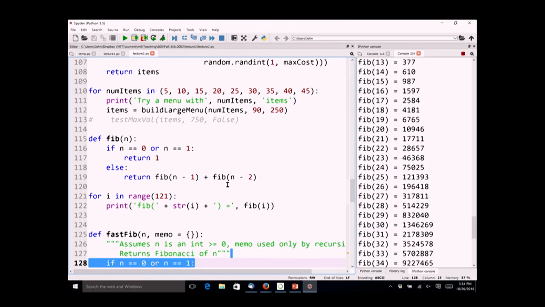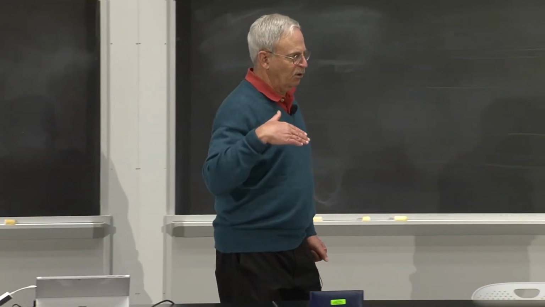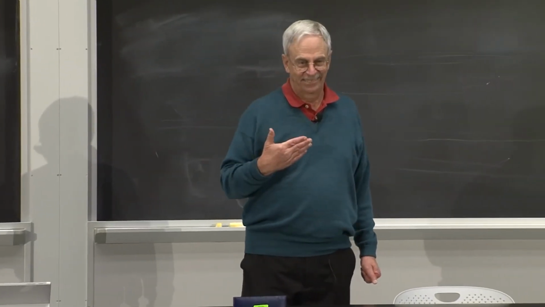And if you look at it, it's kind of surprising it's this slow, because these numbers aren't that big, right? These are not enormous numbers. Fib of 35 is not a huge number, yet it took a long time to compute. So yeah, the numbers are growing pretty quickly, but the computation actually seems to be growing faster than the results.